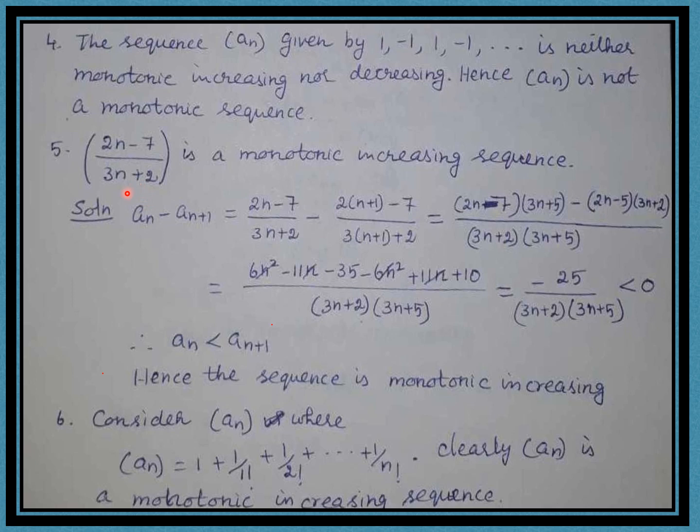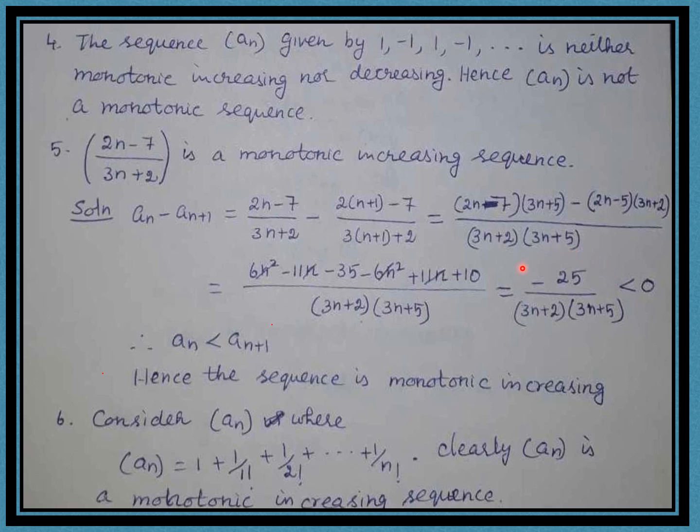the sequence 2n minus 7 divided by 3n plus 2. We have to check whether it is monotonic increasing or decreasing. For that, we take the nth term and the n plus 1th term. We can either find an minus an plus 1 or an plus 1 minus an. We have to find out whether the resulting value is more than 0 or less than 0.